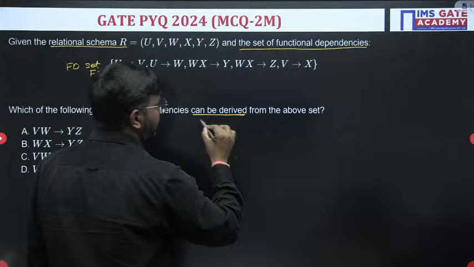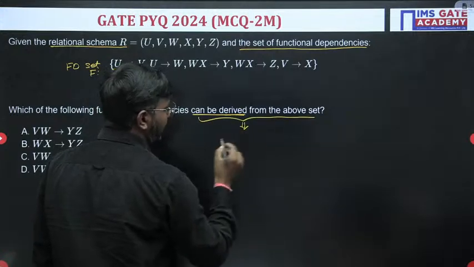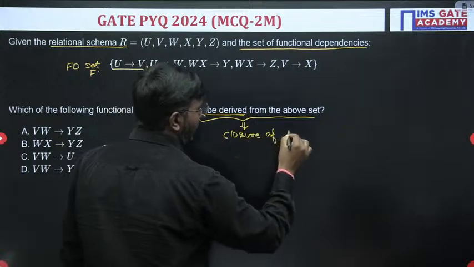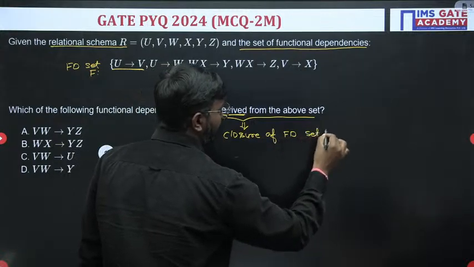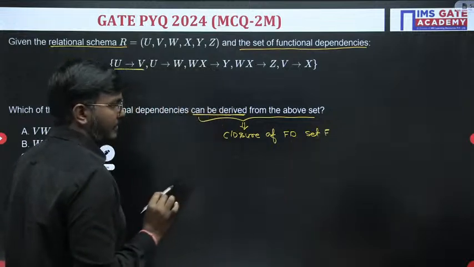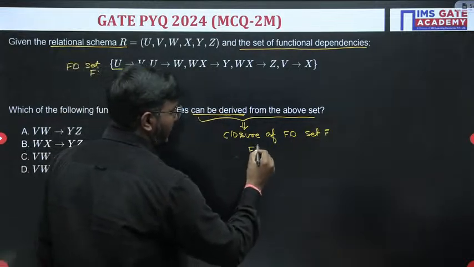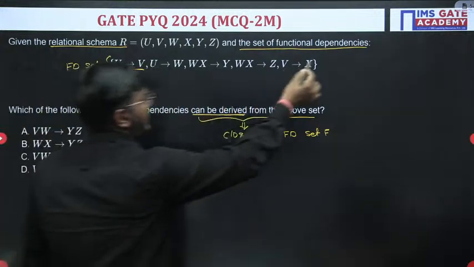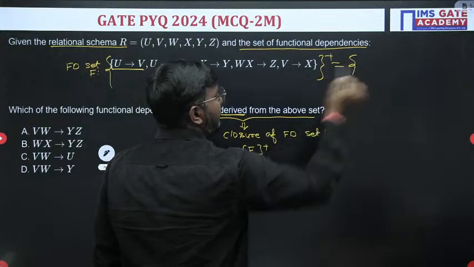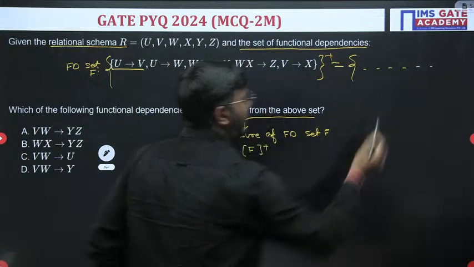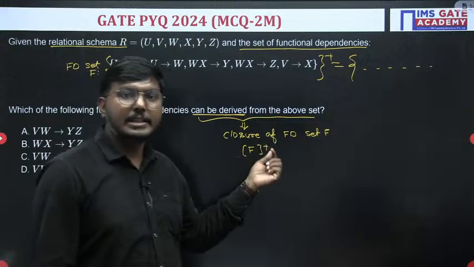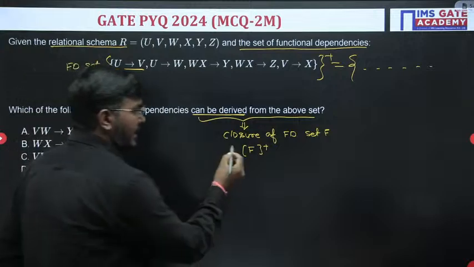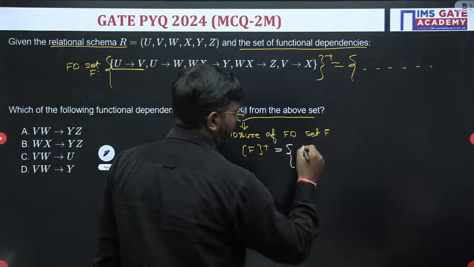This complete concept is based on the closure of FD set F. If I take the closure of this FD set F, then definitely we will have some FDs. The closure of an FD set is nothing but the FDs that can be derived from the given FD set.